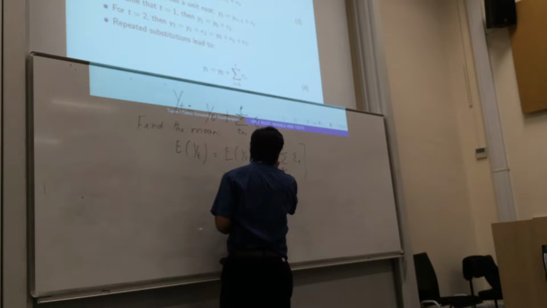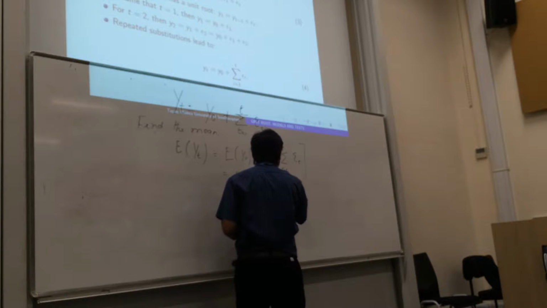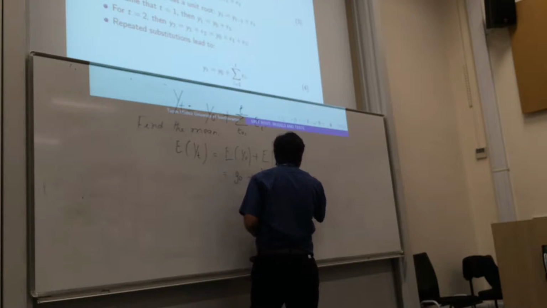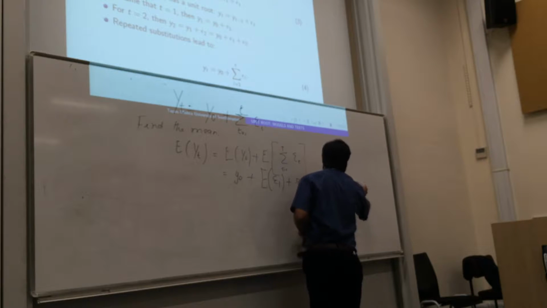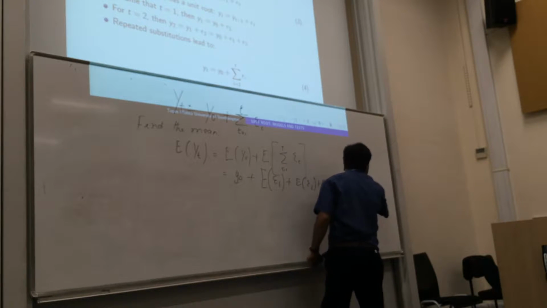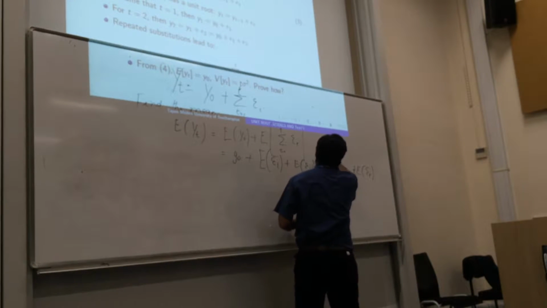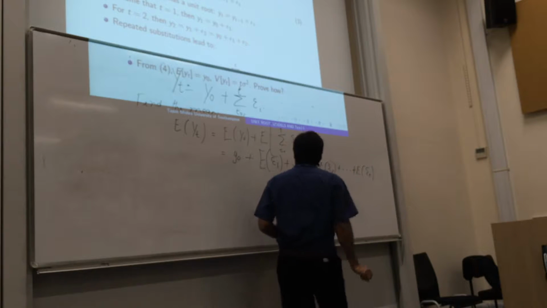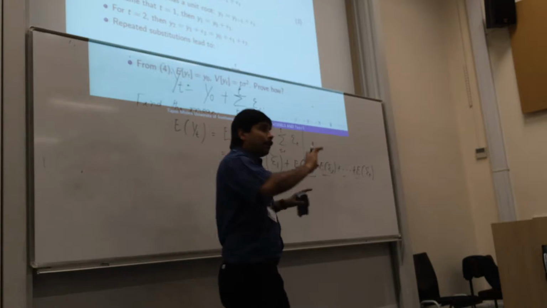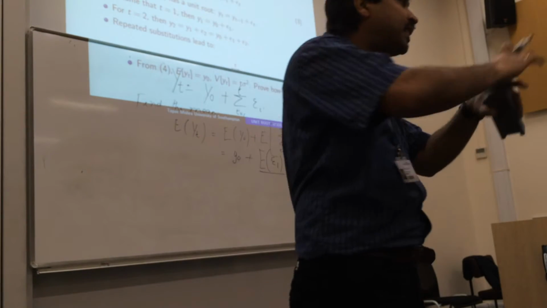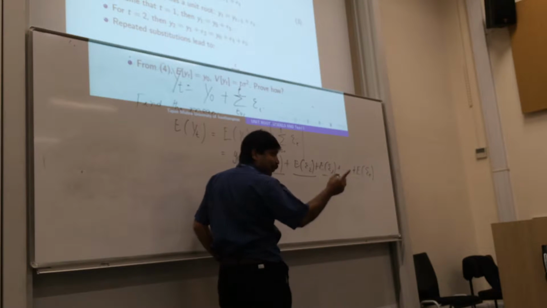Then I have the expectation of the sum of the error terms. Let me expand this one. This will be the expectation of epsilon 1 plus the expectation of epsilon 2 plus the expectation of epsilon 3, and so on. By the classical assumptions from classical linear regression, you know that the expectation of the error term is 0.